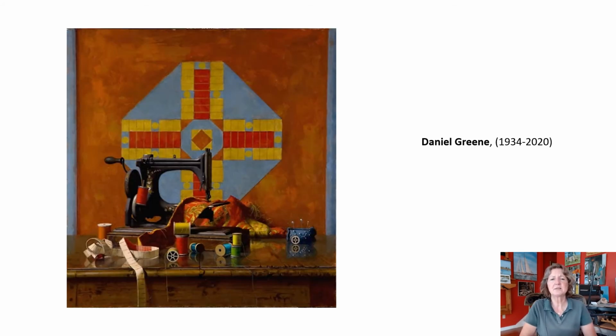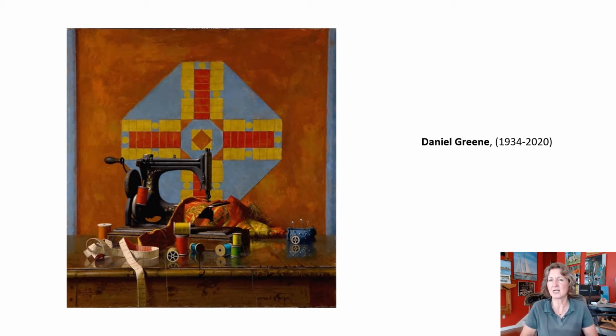And Daniel Green, who unfortunately just passed away really shortly, is well known as a portrait artist, but also just a fabulous pastel artist. This is a pastel painting. And he used various different objects that he just thought were extremely interesting, repeating patterns, the colors, the depth of colors, the arrangement, and also these game boards that he collected.